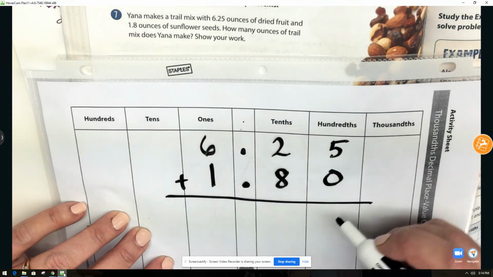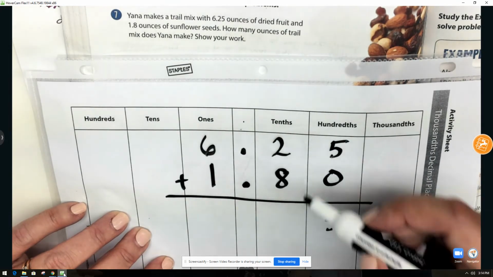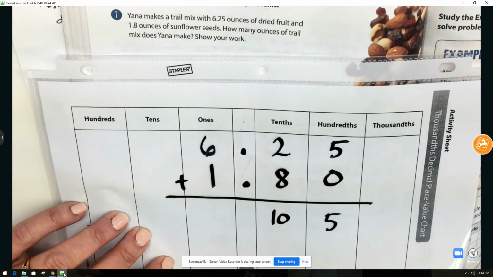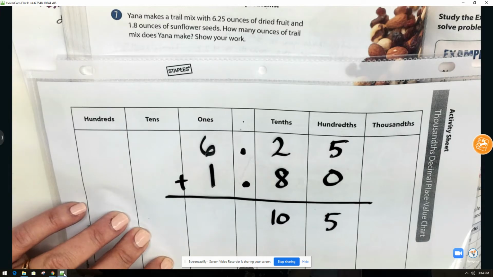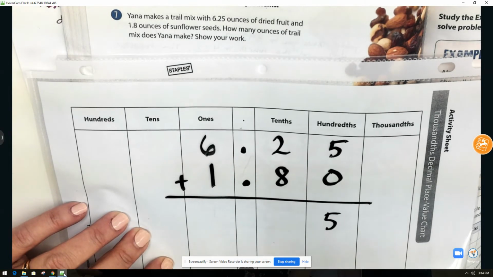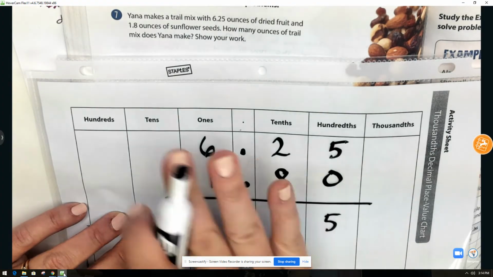So 5 plus 0 is 5. So we have a total of 5/100. 2 plus 8 is 10. Can we do that? No, we can't. Whenever we get more than 9, we have to regroup. And we regroup with groups of 10. So it's the same as if we were adding without decimals.